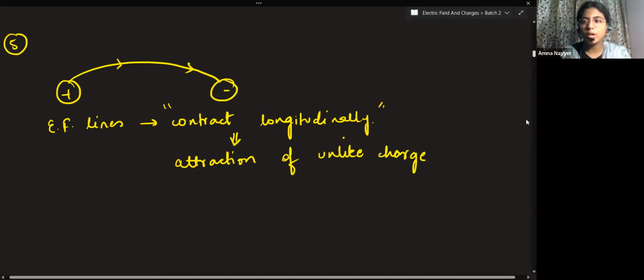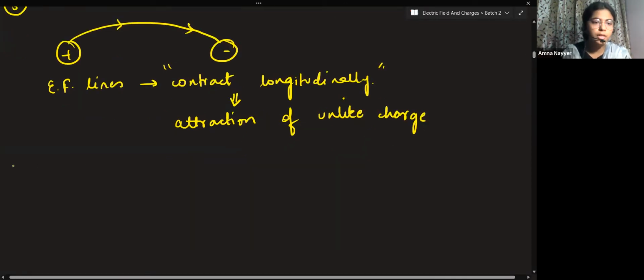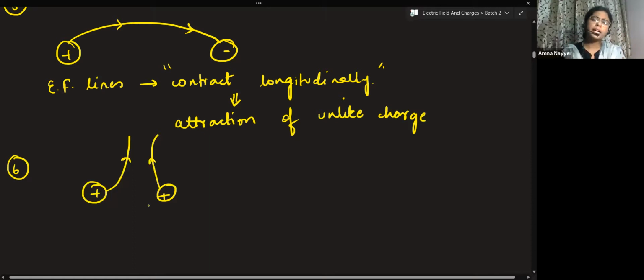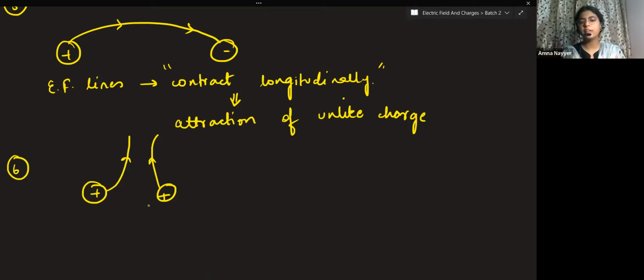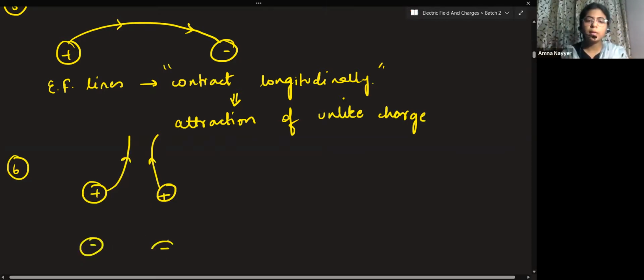Other case that I was talking about, two cases I told you. So the sixth property is this one. If I have both of them together as positive, what will happen? Electric field will move away from it, because no negative charge is there. So for both of them, electric field lines will be moving away. Even if you take negative charges, electric field lines will come from here. There will be no interaction of them.